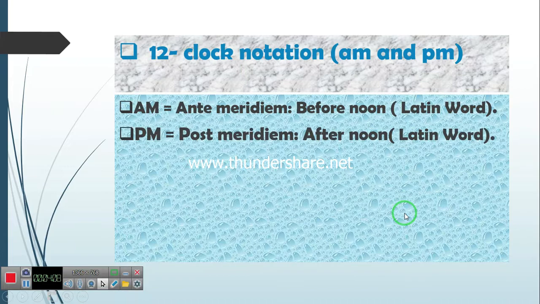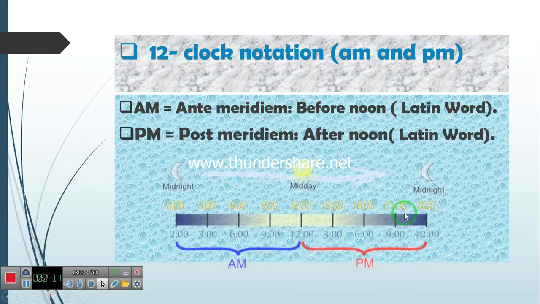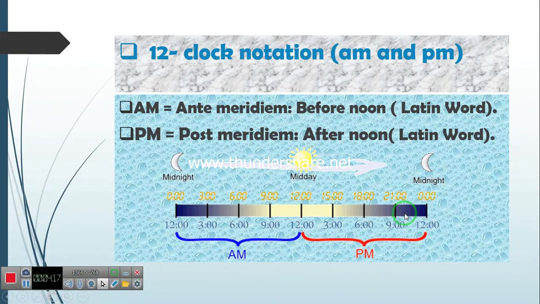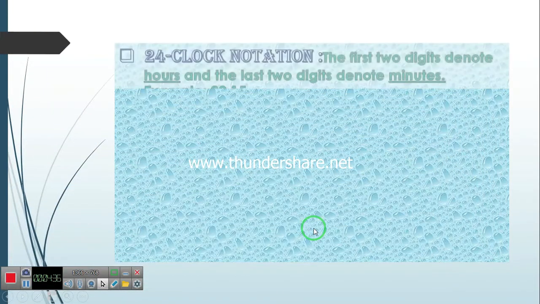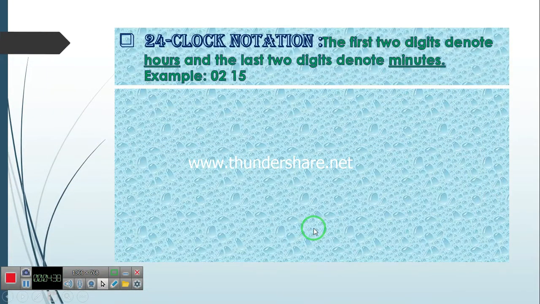It means afternoon, after 12 o'clock until before midnight. To make it clear, please take a look at these pictures. From 12 at midnight until before 12 in the afternoon is AM, and from afternoon until midnight is PM. So it is 12 hours each.